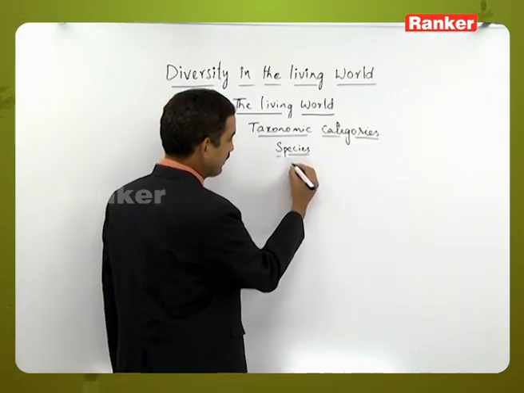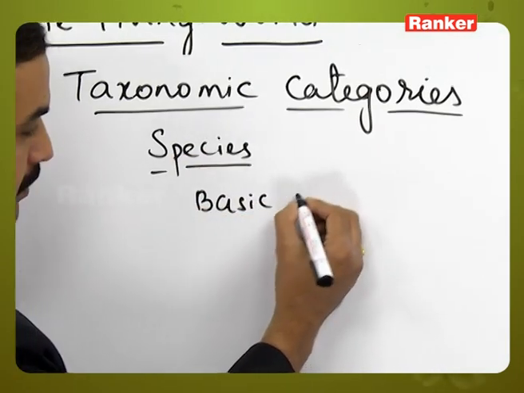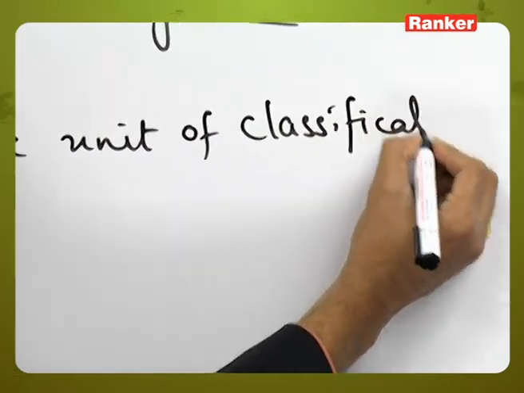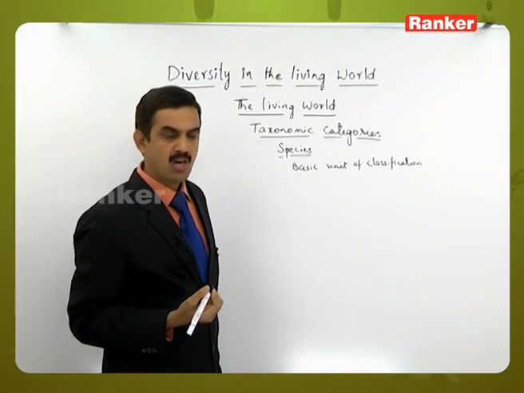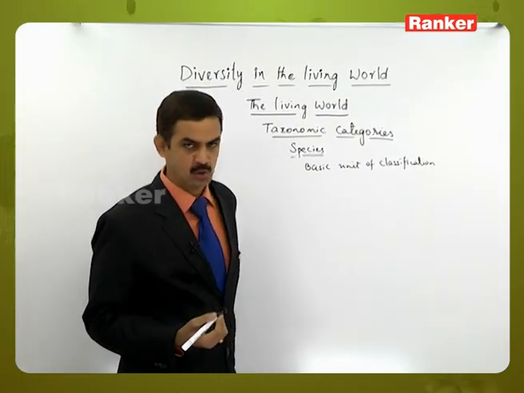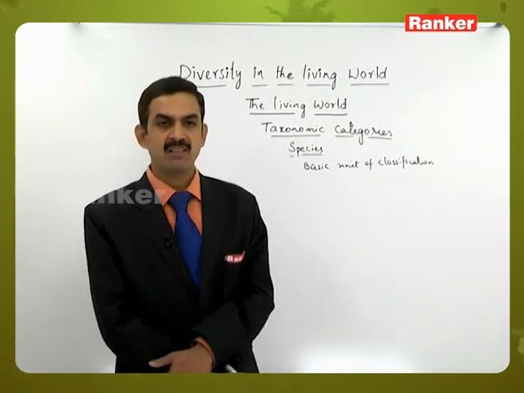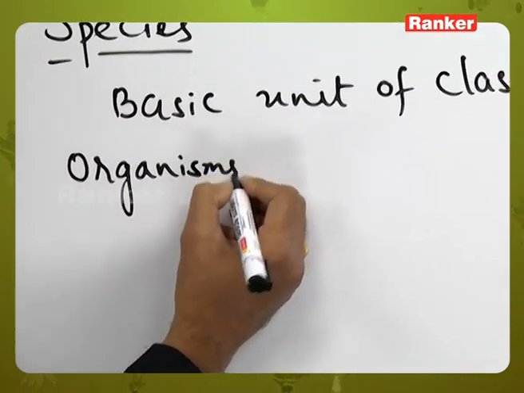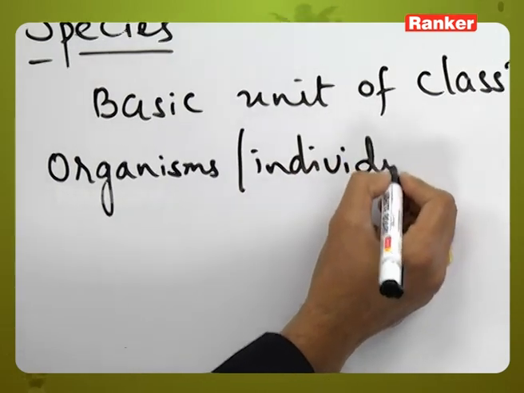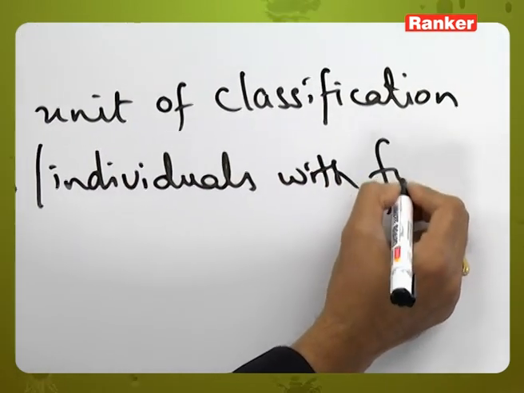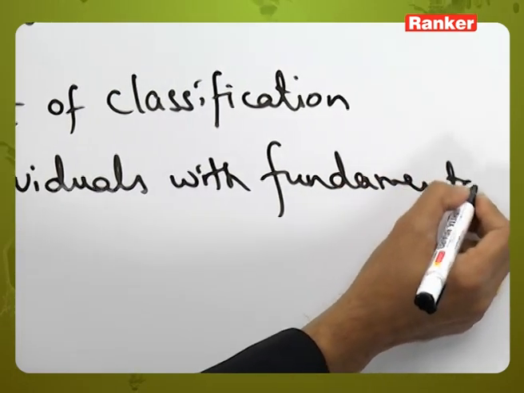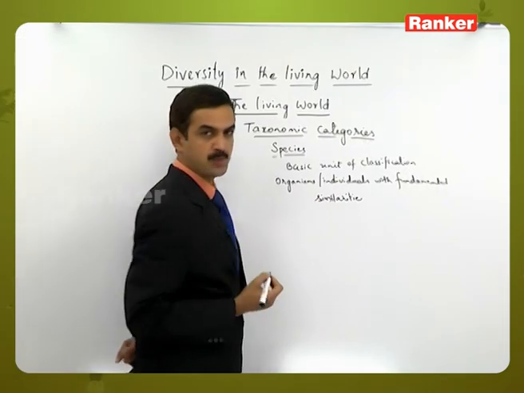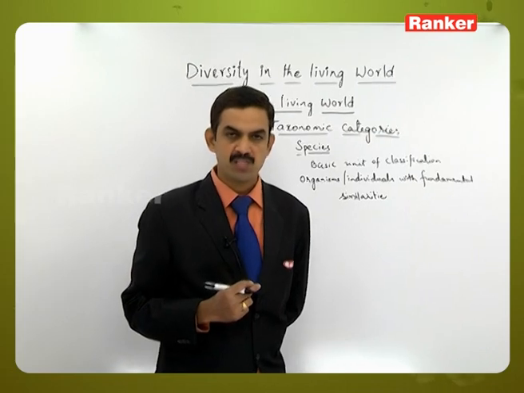Species is considered to be the basic unit of classification. It occupies the least position, or we can call it the smallest unit of classification. The organisms or individuals with fundamental similarities are kept under one species, or we can say the group of individuals which can interbreed.